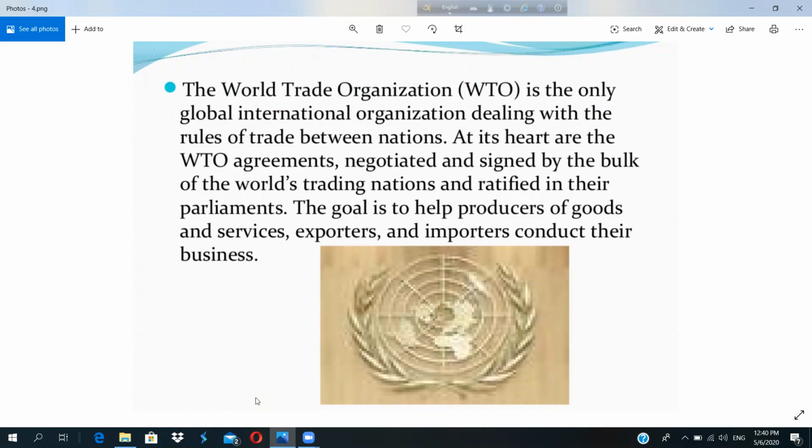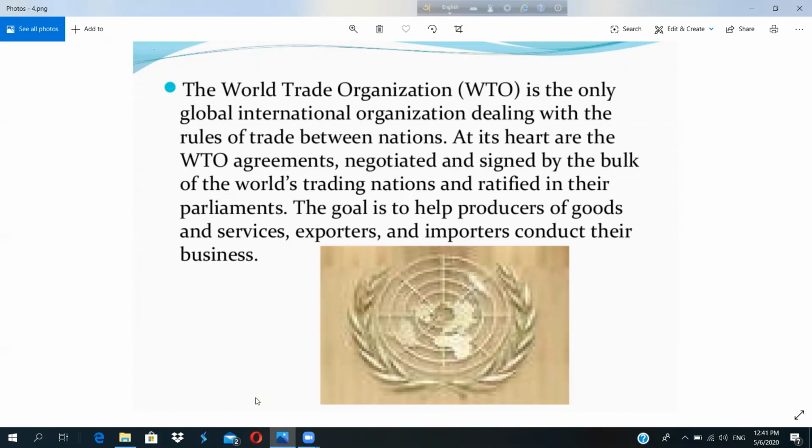The WTO, World Trade Organization, is the only global international organization dealing with the rules of trade between nations. At its heart are the WTO agreements, negotiated and signed by the bulk of the world's trading nations and ratified in their parliaments. So the agreements and rules that are made by the member nations are also ratified in their respective parliaments.